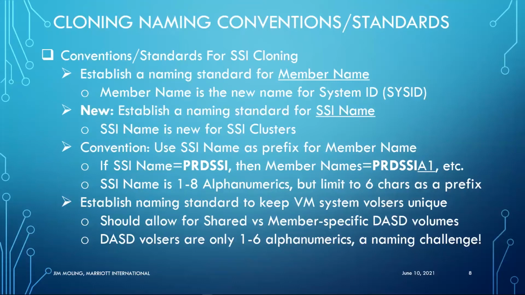As I'm showing in the example here, if the SSI name is PRDSSI, then the member names will be PRDSSIA1, B1, C1, D1. What that means is the SSI name is limited to 6 characters, even though it supports up to 8 alphanumerics. But limiting it to 6 allows it to be used as a prefix, and then you have some consistency here. It just makes sense to me, so as long as it works for me, I'm going to do it this way. I like it.